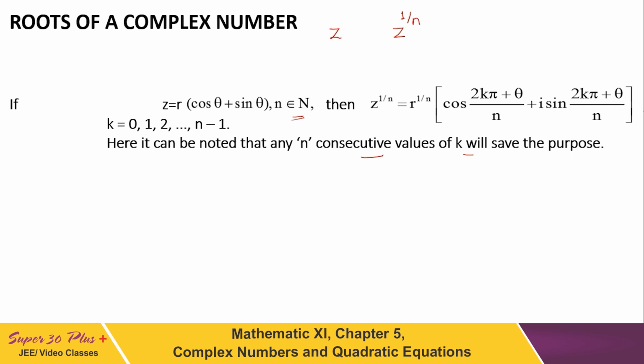We can find the n roots of this complex number by substituting k equal to 0, 1, 2 up to n minus 1, and these n consecutive values of k give the nth roots of this complex number. If we substitute other values, we get results similar to those obtained by these values. So only n consecutive values of k will serve the purpose.